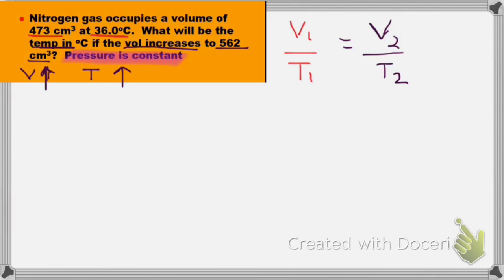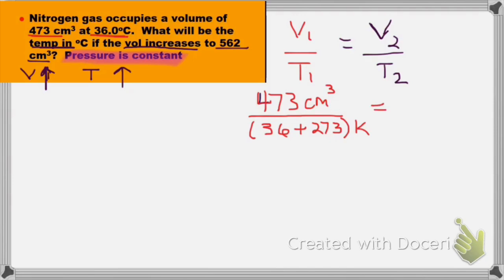All right, so let's fill in our different variables. So for V1, we're going to have 473 centimeters cubed, and we need to convert our temperature to Kelvin. So that's going to be 36 plus 273 Kelvin. And that is going to equal 562 centimeters cubed.